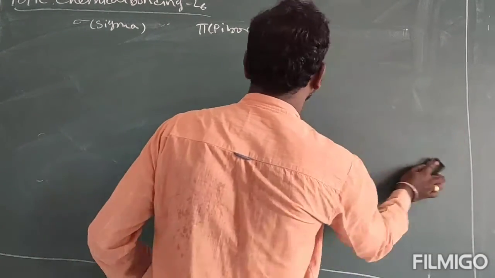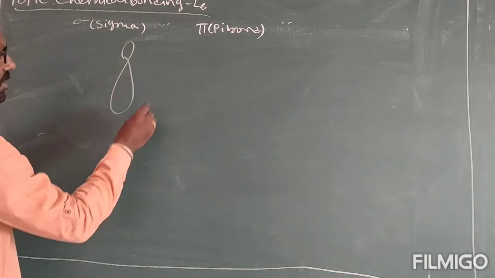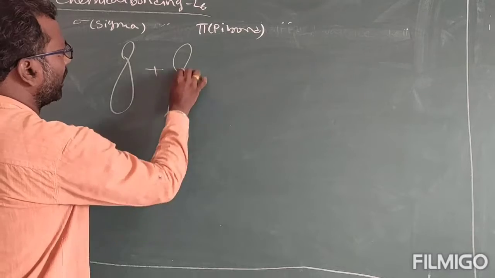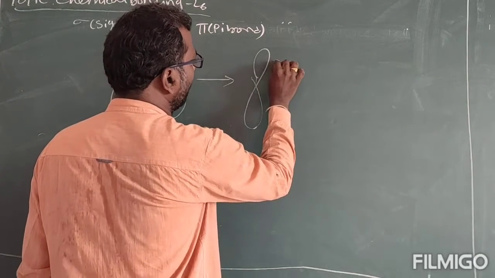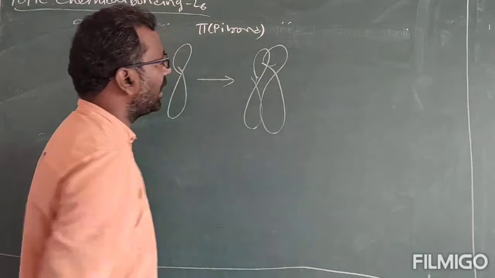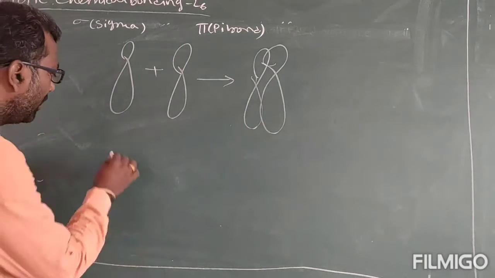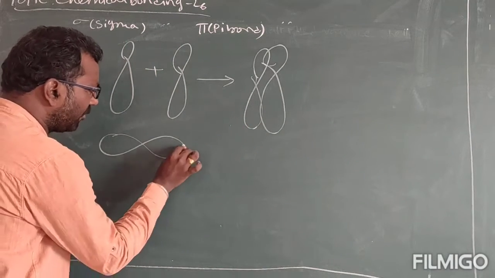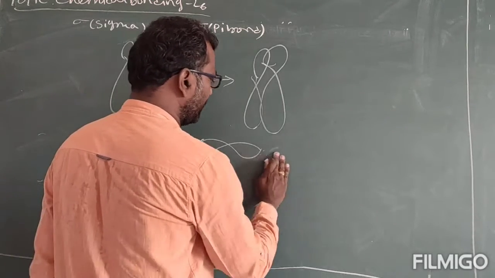How the pi bonding happens, you see now. Let us consider these p orbitals. They will overlap like this, side to side. When it comes, we will show the overlap like this.